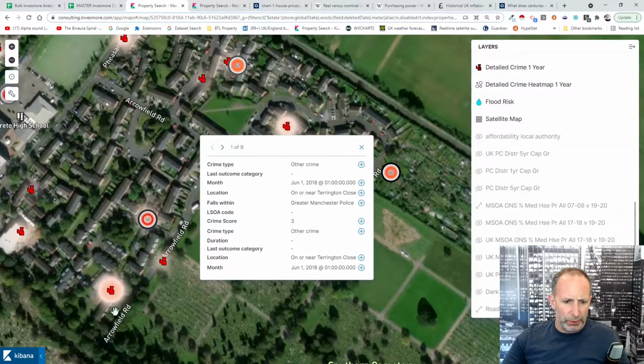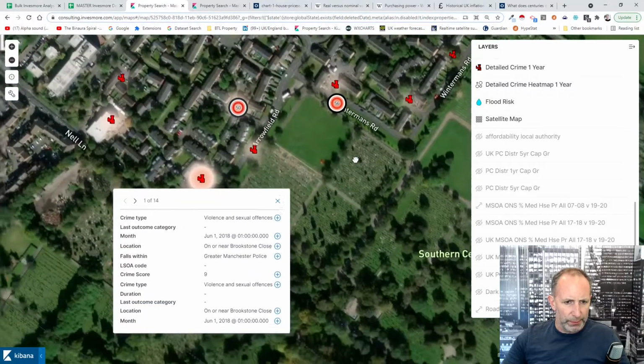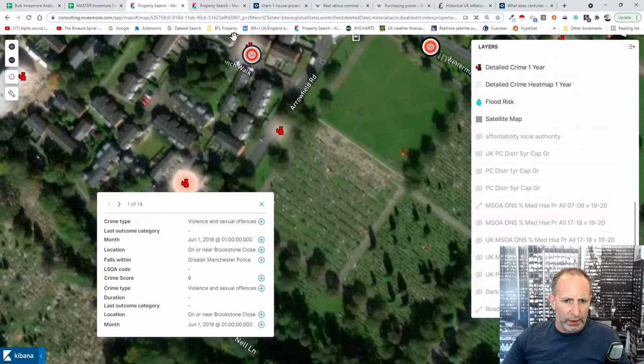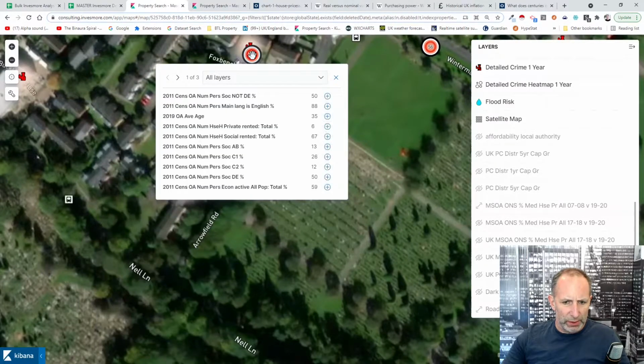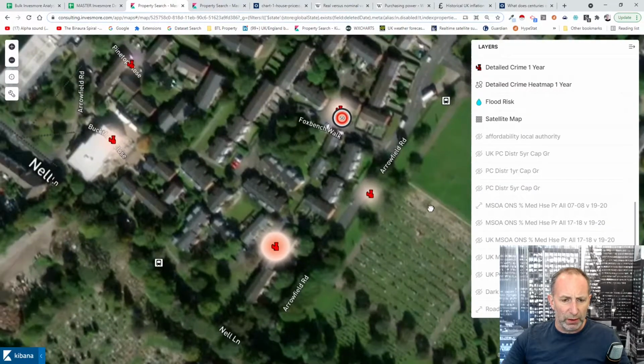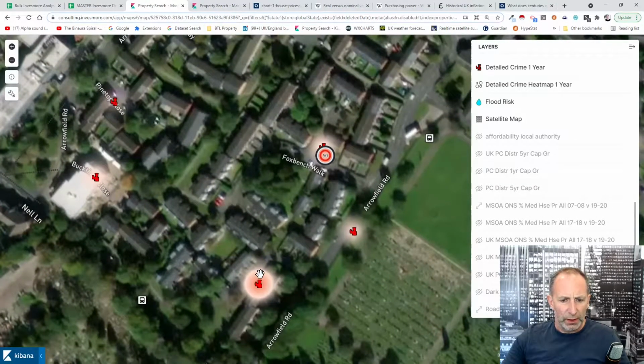So here's a good example of an area that has a lot of social housing. Here we've got a high proportion of people who are social grade DE, in other words, casual workers or unemployed, and you've got something like 2/3 of the property stock in this area, which is socially rented.